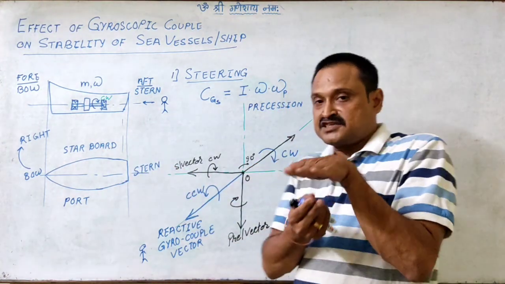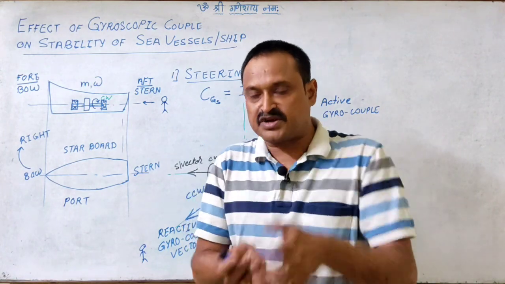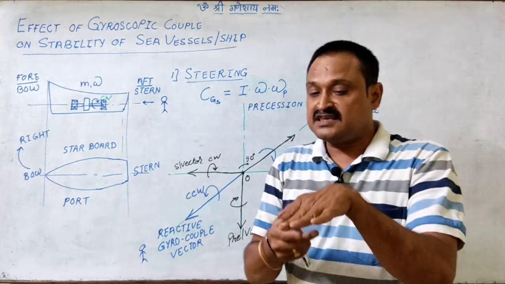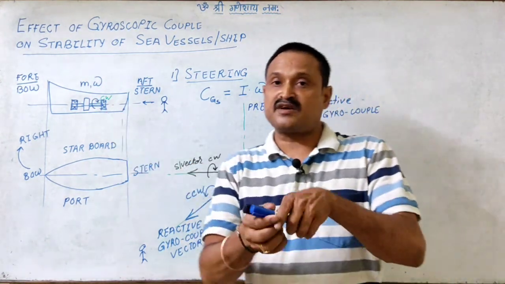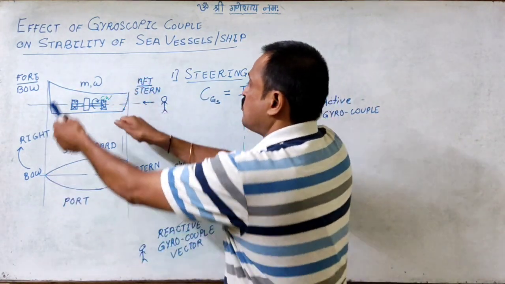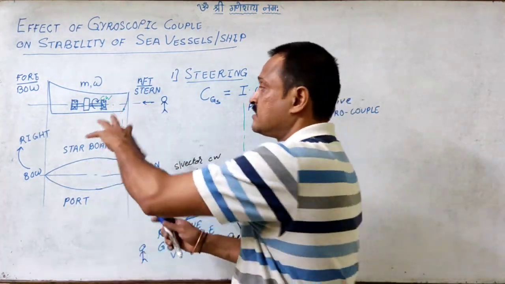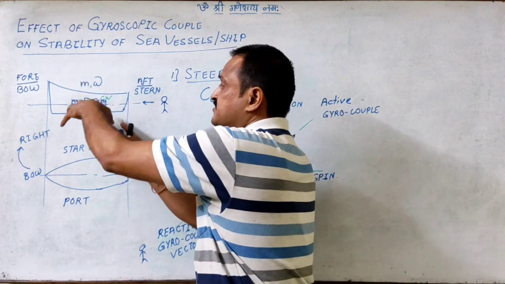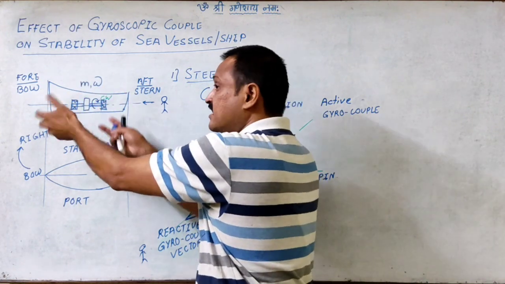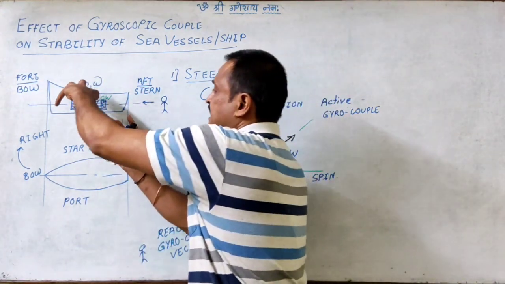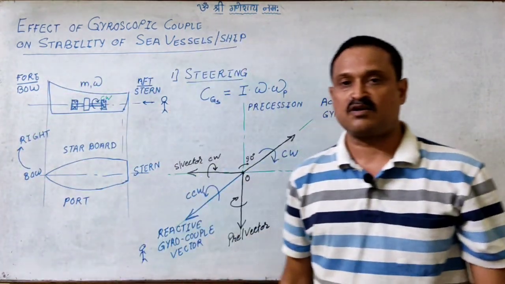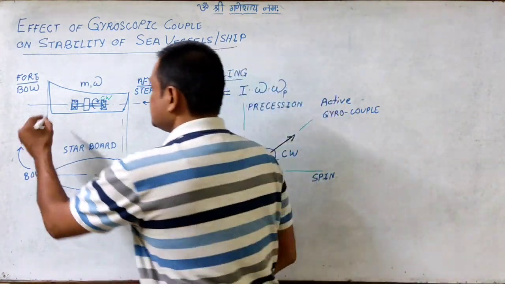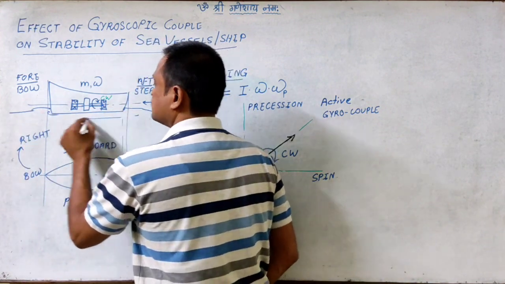When the ship or the boat is steering to the right, it is experiencing an active couple which is clockwise. But the boat or the ship or the frame will react to that action of the couple, and that reaction will be counterclockwise. Now in the case of floating vessels, it is floating on water.